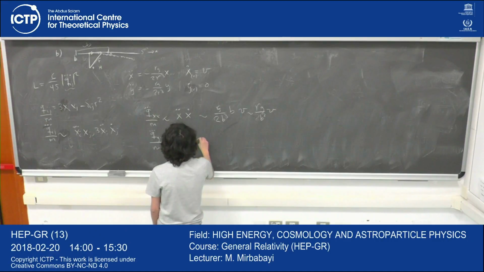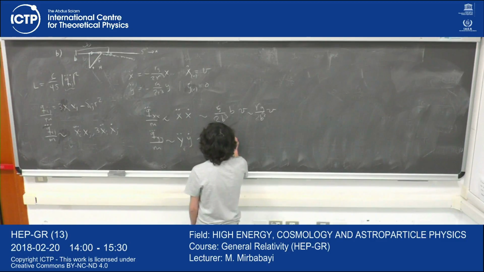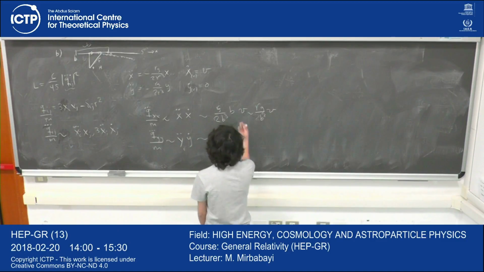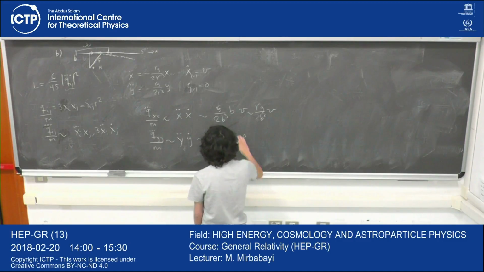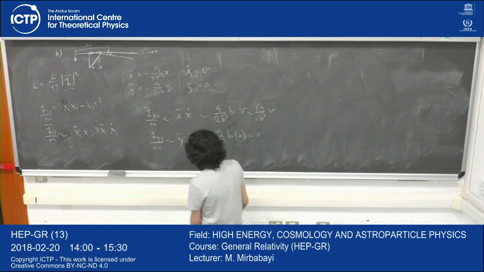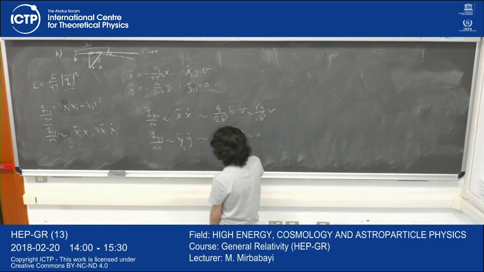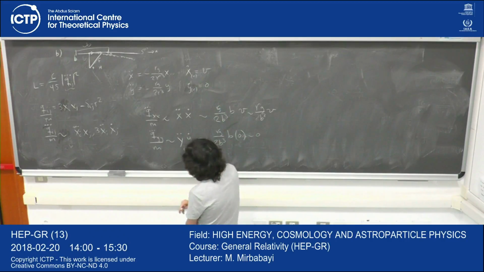This will be, so y is the same thing. And well, we have y dot is 0, so it's 0 to first order. What else?